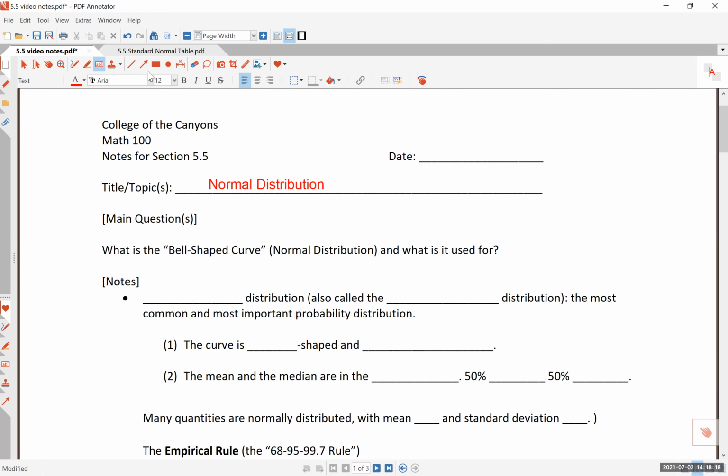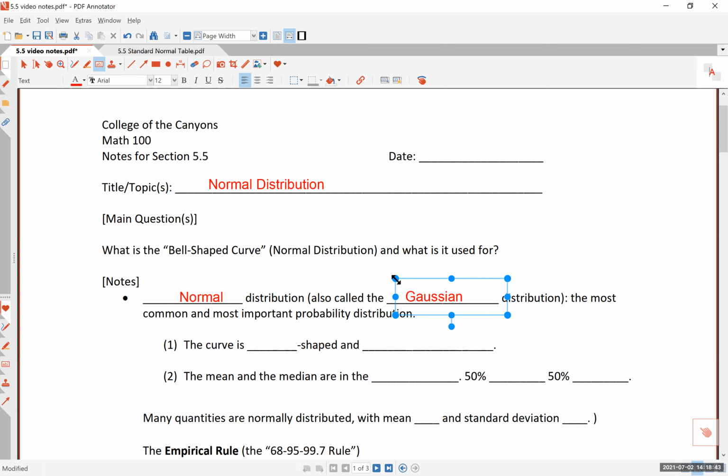Okay, so here are the notes. Normal distribution, also called a bell-shaped distribution, but another typical name for this is Gaussian. This is named after a German mathematician named Carl Friedrich Gauss, sometimes called the Prince of Mathematicians or Titan of Mathematicians.